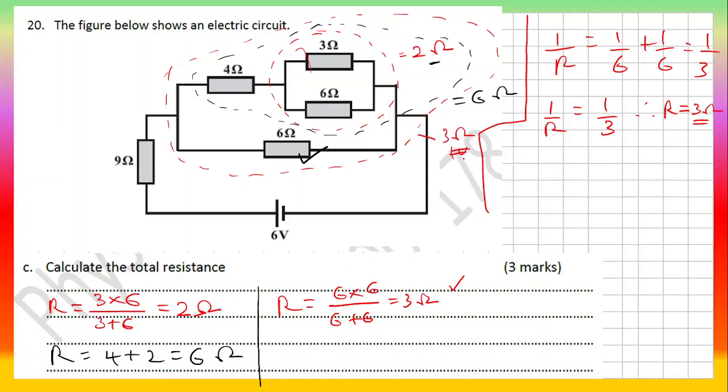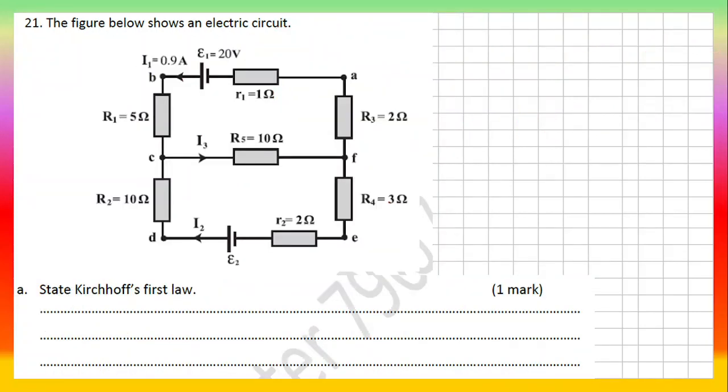So the 3 ohm resistor is now in a series connection to the 9 ohm. So how do we get the R total? We'll have series, we add them, 9 plus 3, and this will give me 12 ohms. So the combined resistance here is going to be 12 ohms.